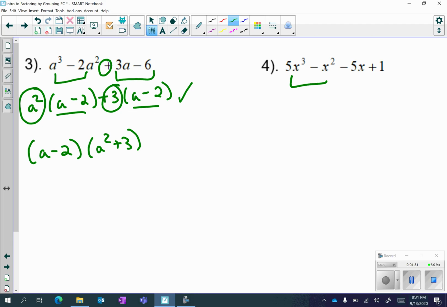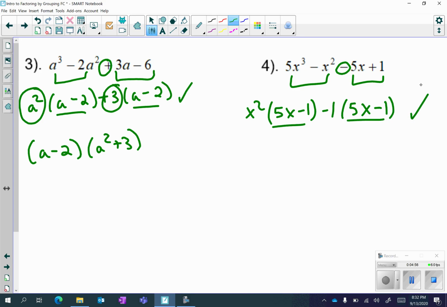And the next one, make your 2 groups, factor out the GCFs, and I'm going to be left with 5x minus 1. The next one had no GCF, but there is a negative in the middle term, so you're going to take out a negative 1. And you're left with 5x, change the signs because you took out a negative, minus 1.